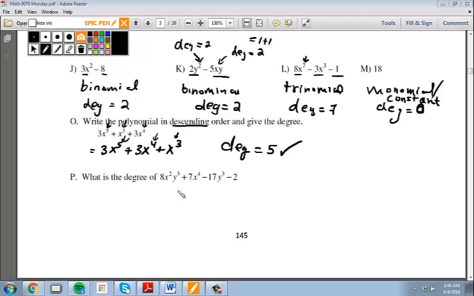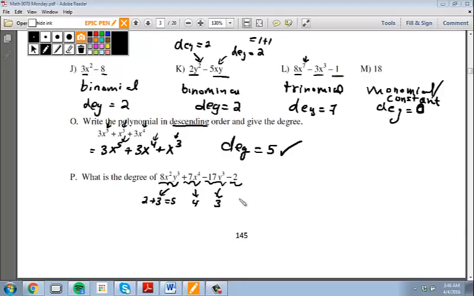P, what is the degree of 8x squared y to the 3rd plus 7x to the 4th minus 17y to the 3rd minus 2? We have 1, 2, 3, 4 terms, and let's find the degree of each of these.